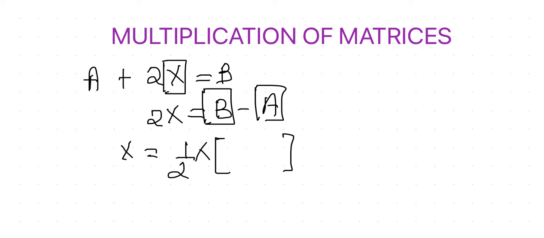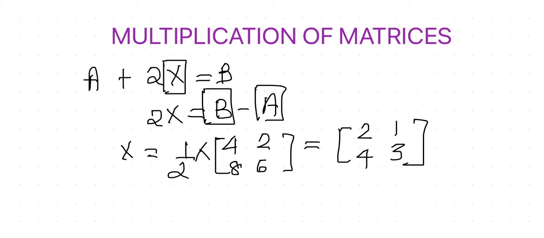Now what is half of this, children? Suppose I am getting 4, 8, 2, 6, then half of this becomes 2, 4, 1 and 3. So this is called half of the matrix B minus A. This is the concept of multiplication. I hope you have understood, because this is a very simple concept, children.